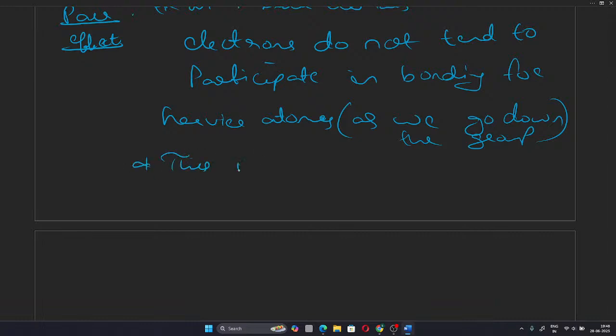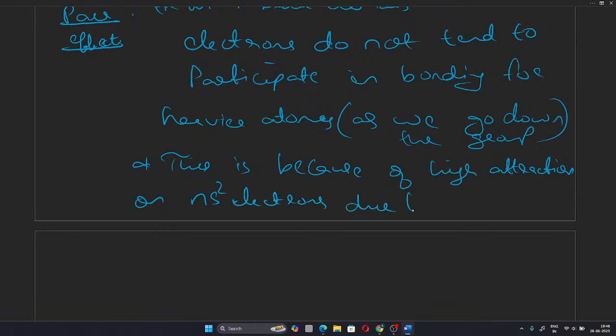This is because of high attraction on ns2 electrons due to poor shielding of d and f subshells.